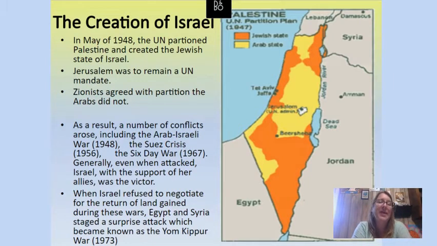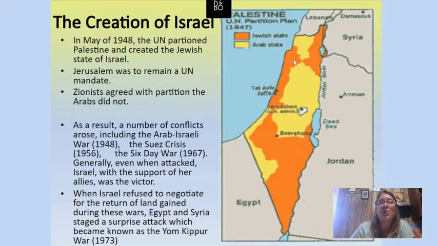So in May of 1948, the United Nations partitioned Palestine, and they create the Jewish state of Israel. You can see in the map over here that this area would have originally been all yellow, Arab state, or a lot of it yellow.